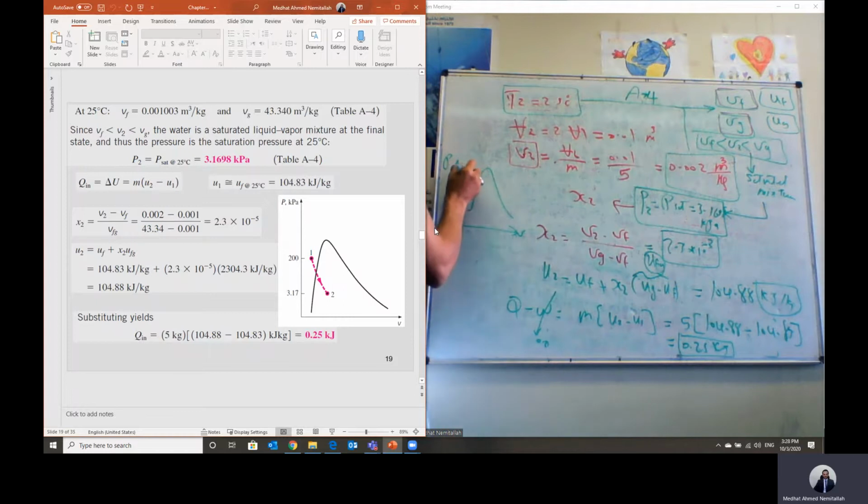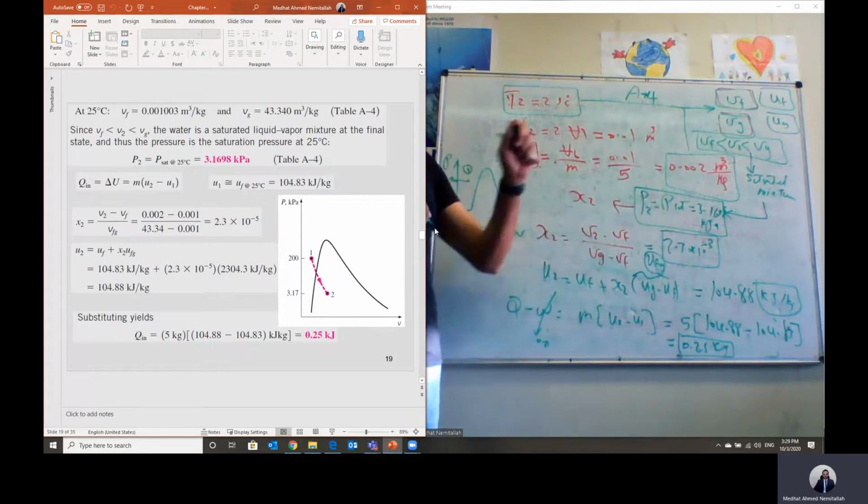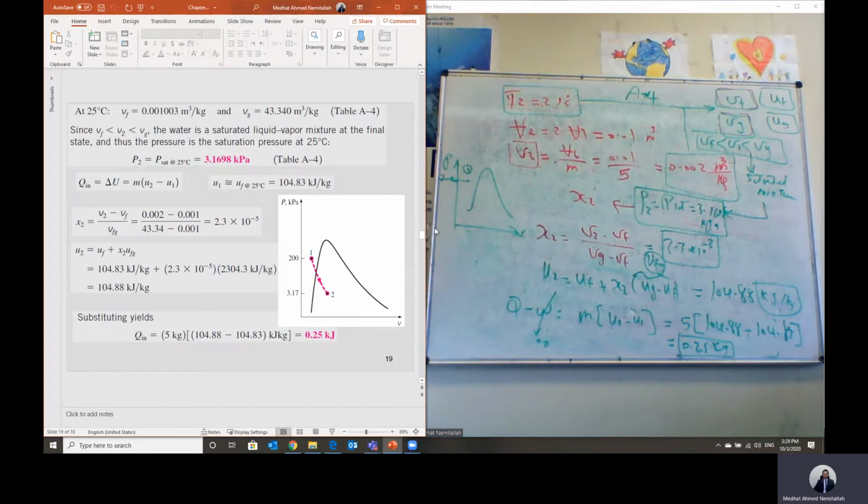Point 1 is subcooled here, at 200 kilopascal. Now, at state number 2, the pressure has been reduced down to 3.16 something, and the state is saturated mixture. So this is state number 2, and the process is from state number 1 to state number 2.